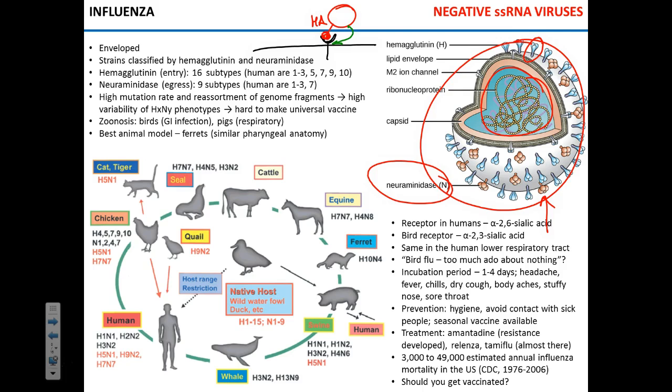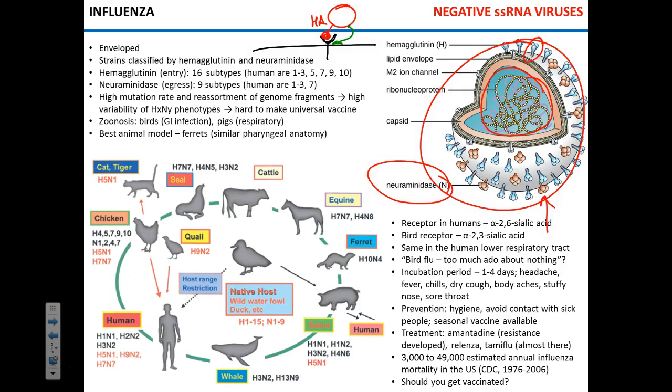When you hear about an influenza epidemic, how do they call the strains? H1N1, H5N1, H3N2, H7N7. It refers to different types of hemagglutinin and neuraminidase. There are 16 types of hemagglutinin, 9 types of neuraminidase. The combination gives you that serial number.